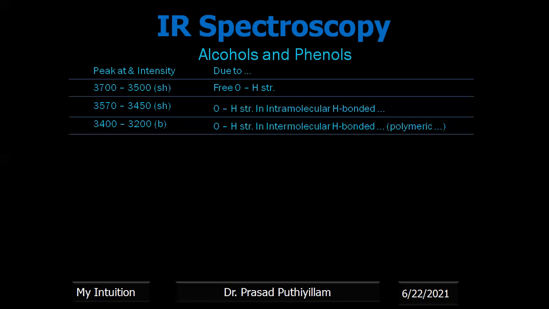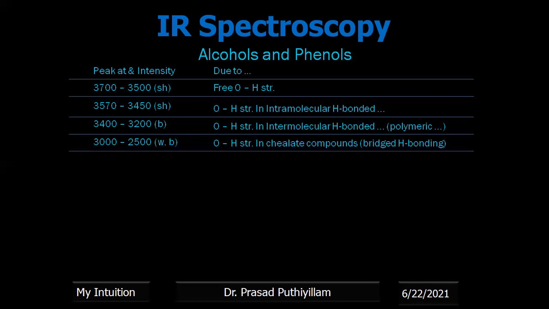In 3400 to 3200, a broad band is obtained, and around 3000 to 2500 a weak as well as broad band, that is due to the bridge type structure that we see in case of carboxylic acids, the chelate compound or even chelate compounds also show an OH stretching, that is the bridge type of hydrogen bonding if it is present.